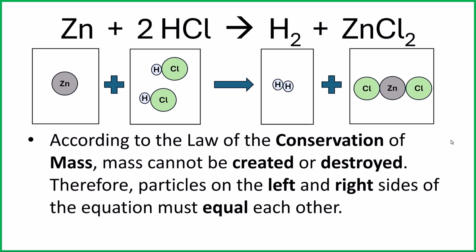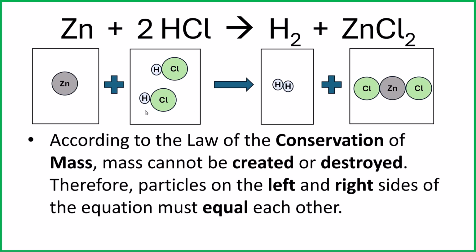According to the law of the conservation of mass, mass cannot be created or destroyed. Therefore, particles on the left and right sides of the equation must be equal to each other. So you can see we have 2 chlorine atoms on this side and we have 2 chlorine atoms on this side. We have 2 hydrogen atoms on this side and 2 hydrogen atoms on this side, 1 zinc atom and 1 zinc atom.